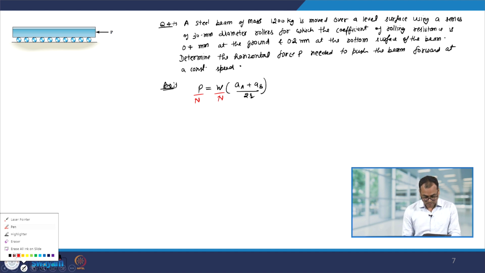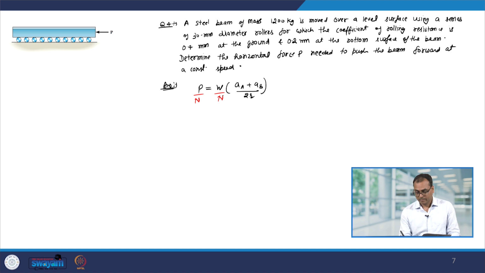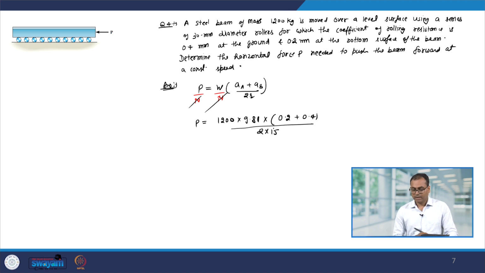So, eventually this n will get cancelled and we have the formula that we derived earlier. So, P will be equal to W, W is 1200 into 9.81, into AA, AA is given, it is 0.2, and AB is 0.4, divided by 2 into R, R is 15 mm, because the diameter is 30 mm. So, that comes out to be 235 Newton.